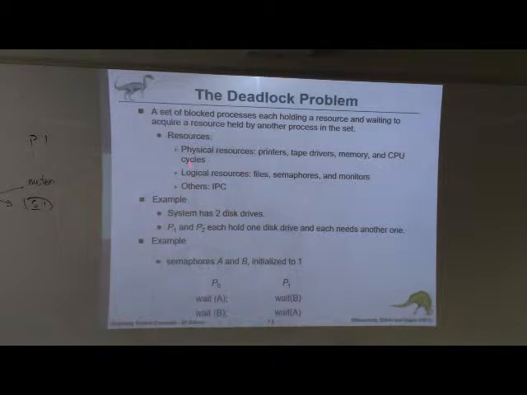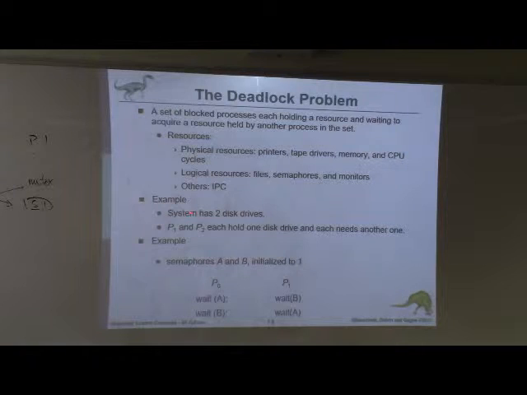Okay, so a resource can be anything that can be used by the processes. That is a resource. For example, if there are two disk drives in your computer system, in this class we will use P to indicate a process.